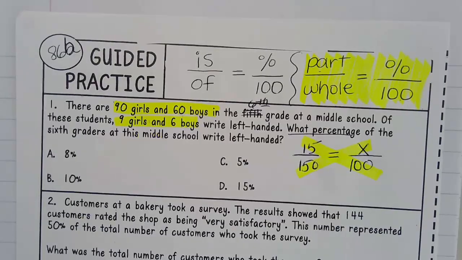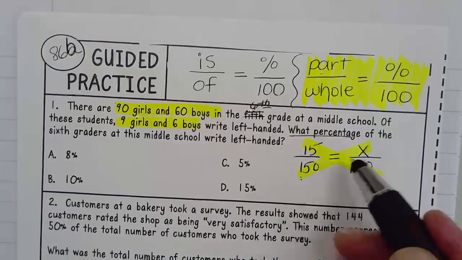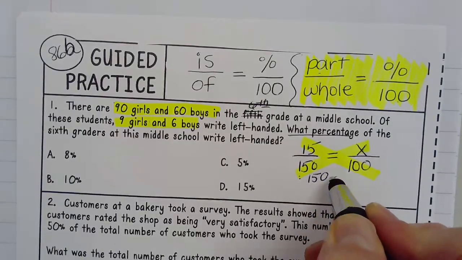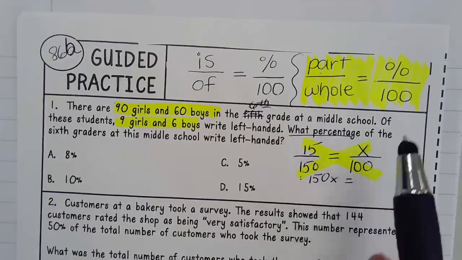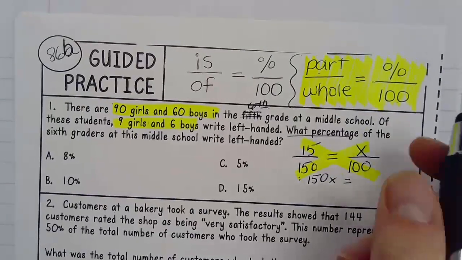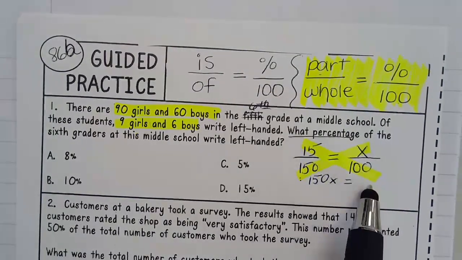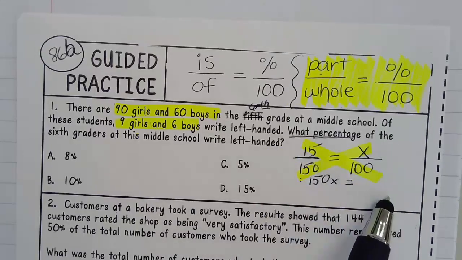Cross products. So we're going to go this way. What's 150 times X? 150X equals, you have Desmos. What's 15 times 100? DeMarcus, what do you get? Multiply. Use Desmos. Put it in.